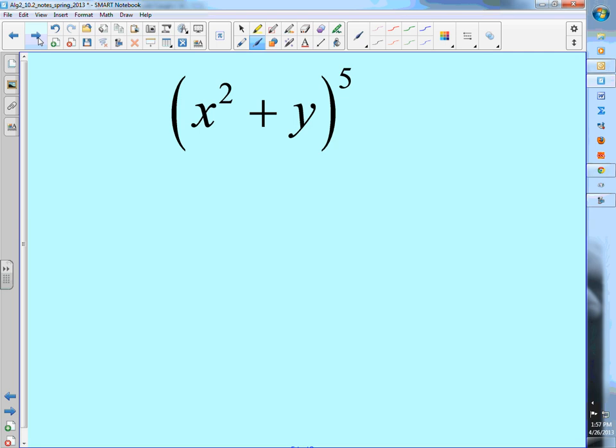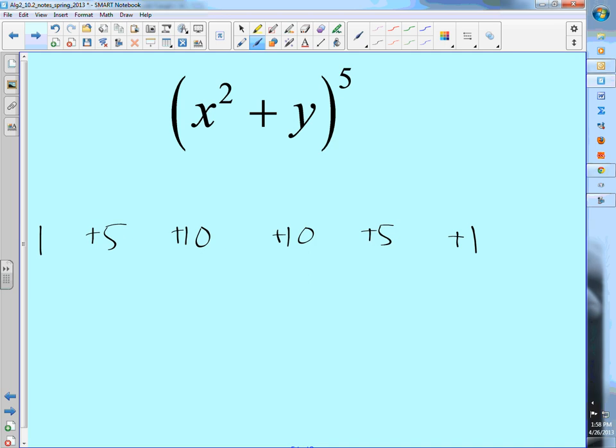The 5th row of Pascal's triangle is going to have coefficients of 1, 5, what's next? 10, 10, 5, and 1. Everybody's a plus. And the reason why they're all pluses is because the binomial is a plus.